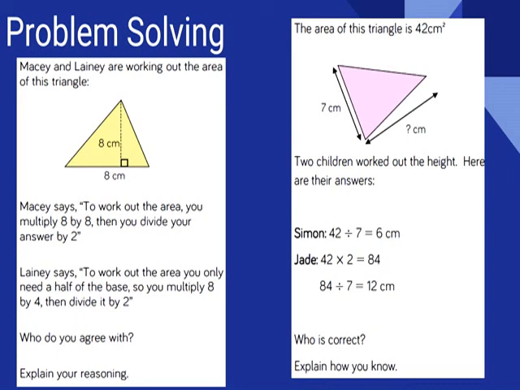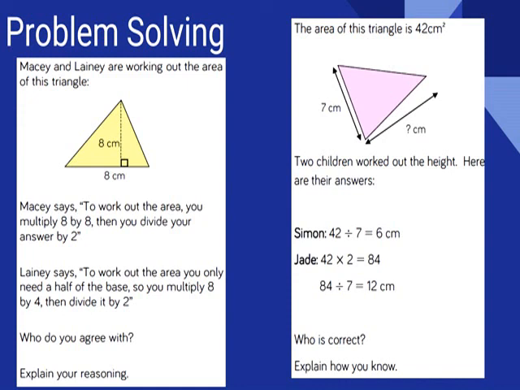In the second problem-solving question, you've got a pink triangle there, and it tells you the area is 42 centimetres squared. Two children work out the height, and here are their answers. Simon says it's 42 divided by 7 equals 6, so he's given the height as 6. And Jade says 42 times 2 is 84, 84 divided by 7 equals 12.